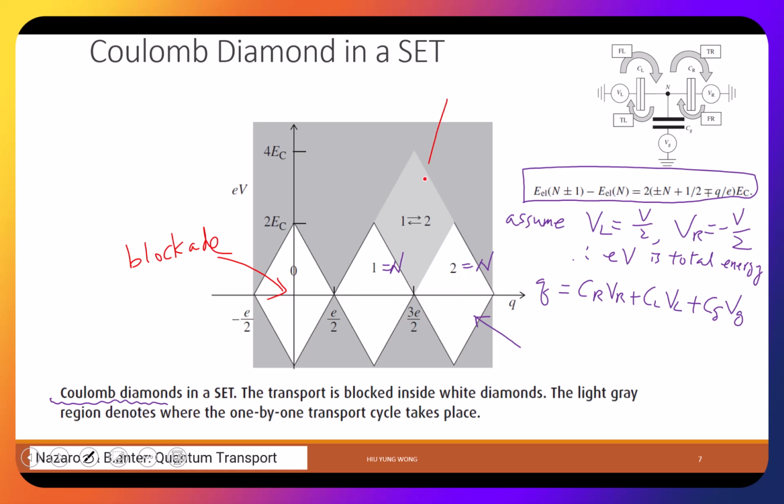In this gray regime, you have single electron transport. Based on what we discussed earlier, the condition is very delicate. We need to make it right so that we have single electron transport only under certain voltage and also under certain charge, okay?